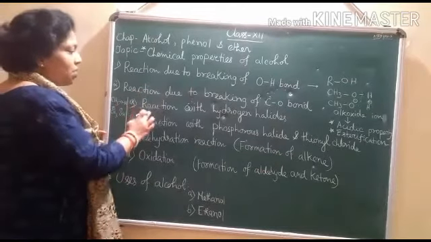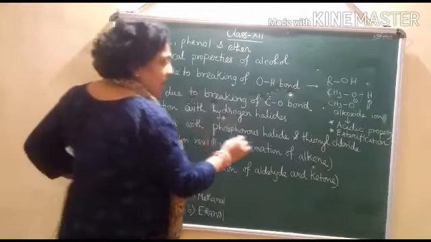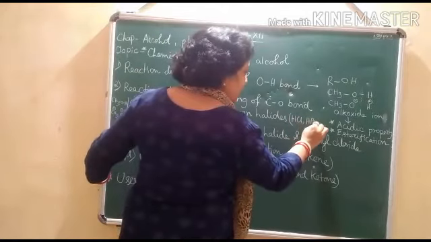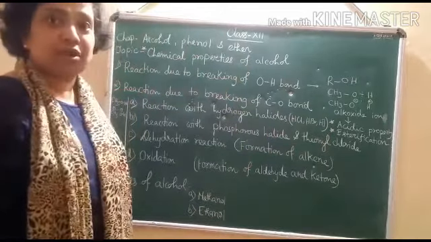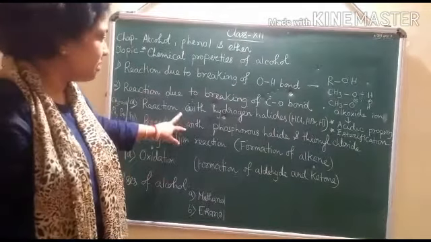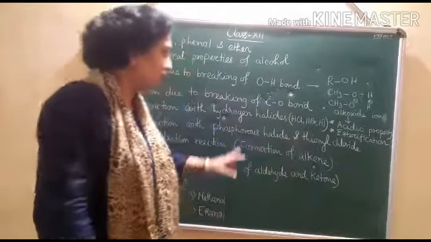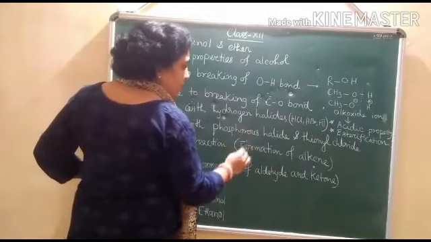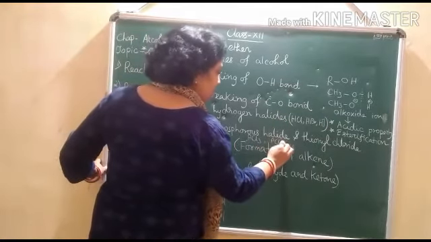In this group, we are going to study reaction with hydrogen halide, whether it is HCl, HBr or HI. This part we have already discussed in the haloalkane chapter, for the formation of haloalkane from alcohol. Another one is reaction with phosphorus halide and thionyl chloride, which we also studied in the haloalkane chapter.